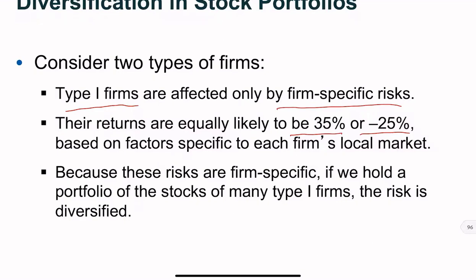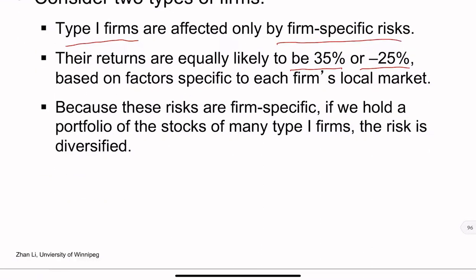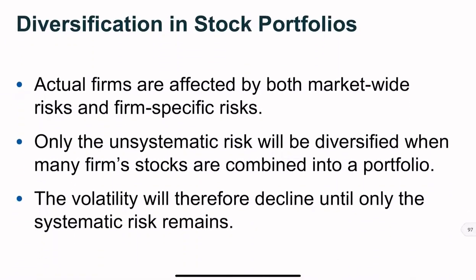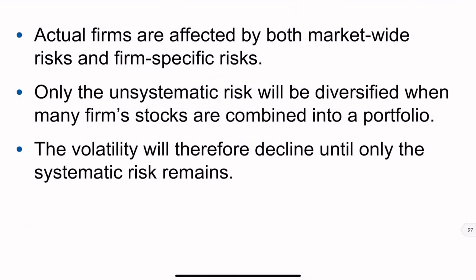So the risk will be diversified away. Now, clearly, these two types of firms are two extremes. Generally, in reality, actual firms in the market are affected by both types of risks: the market systematic risk and the firm-specific risks.